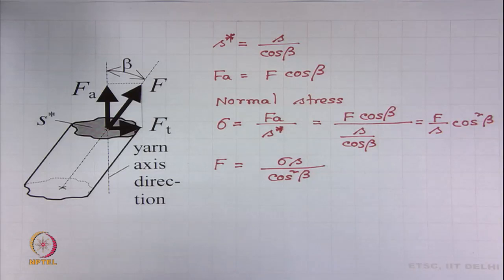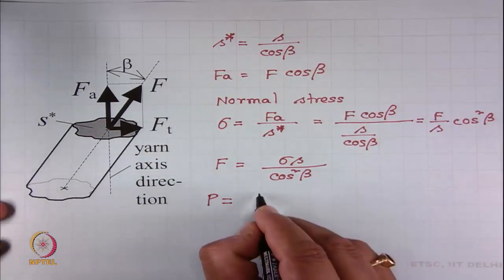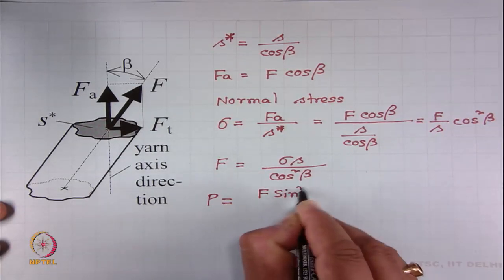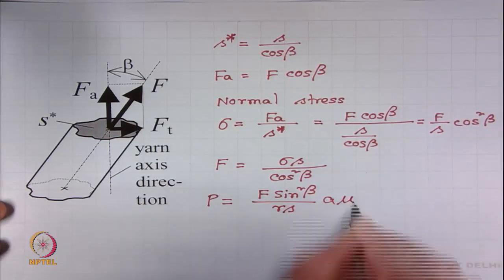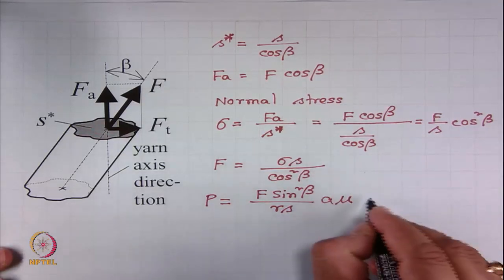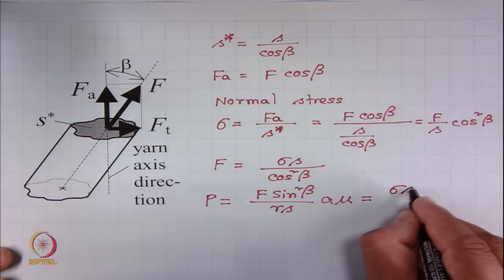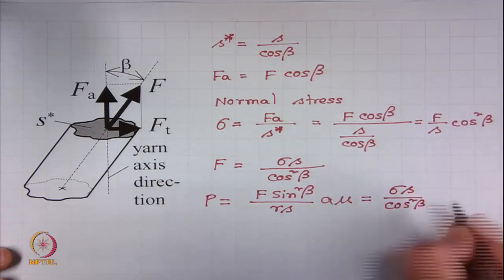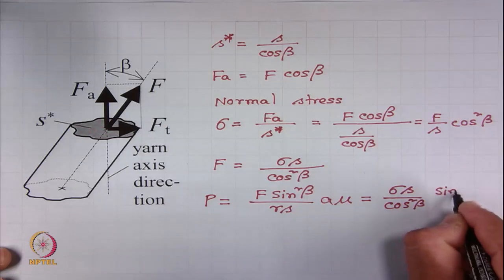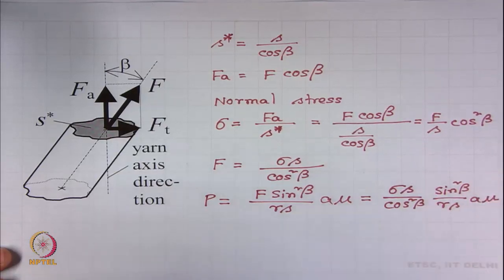Then we come back to our original expression of pressure. So, this pressure was F sin square beta by r into S A into mu. We substitute F from here. So, what we obtain is sigma S cos square beta sin square beta by r into s a into mu.